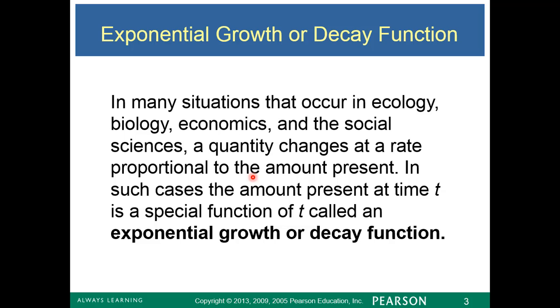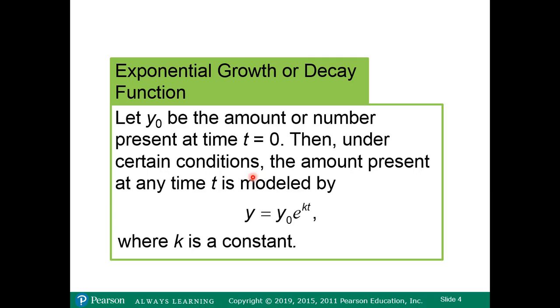Okay, so again, in many situations that occur in ecology, biology, economics, and the social sciences, the quantity changes at a rate proportional to the amount that's already present. In these cases, the amount present at time t is a special function called the exponential growth or decay function. So we're going to let y sub 0 be the amount or number present at time t equals 0.